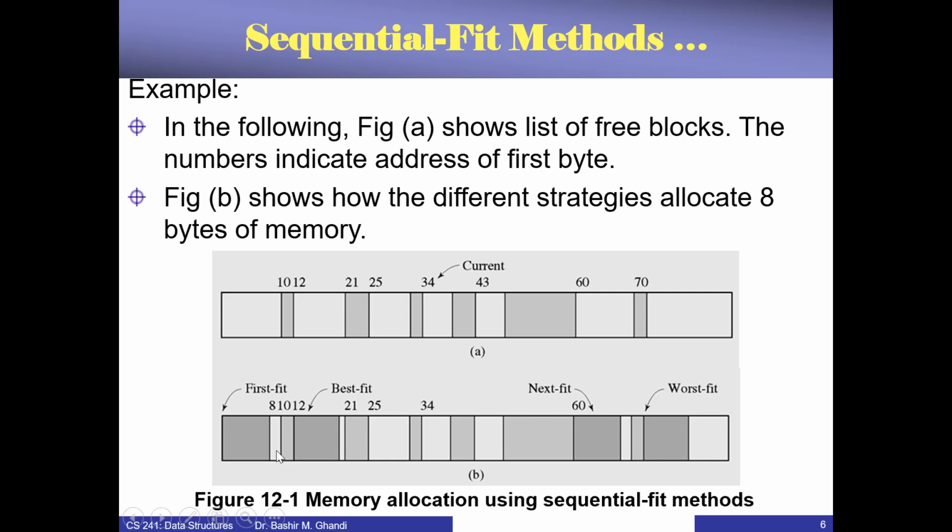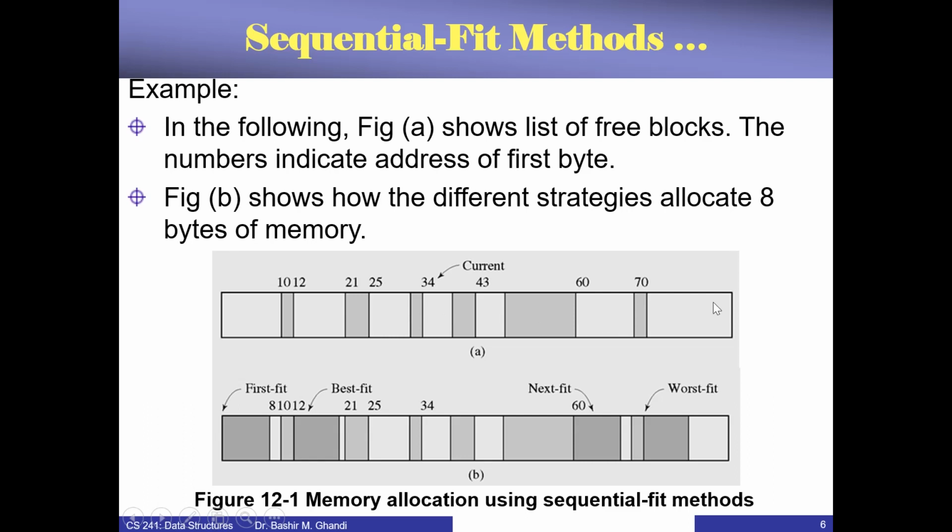What about best fit? As we said, it will search the whole list and find the block that is nearest in size to the request. This is size 10, this is size 9. This we don't know exactly, but clearly it is less than 8, and these are all smaller.